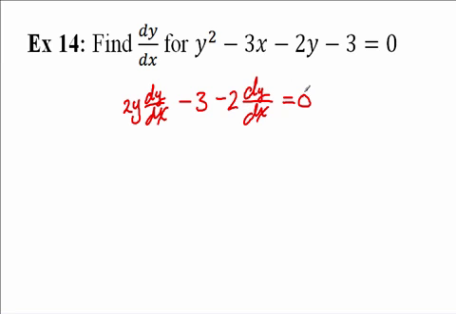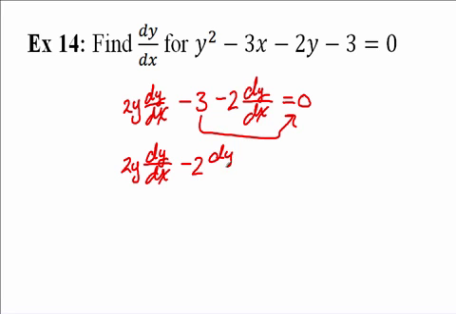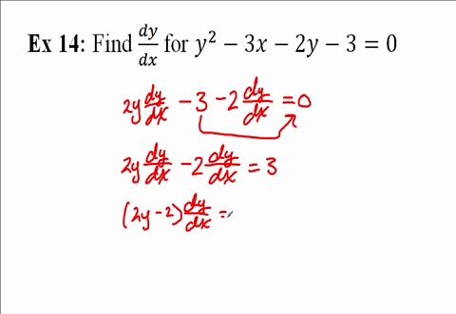And that equals 0. So I'll move the 3. 2y dy/dx minus 2 dy/dx equals 3. Take out the dy/dx. And then divide. And you're done.